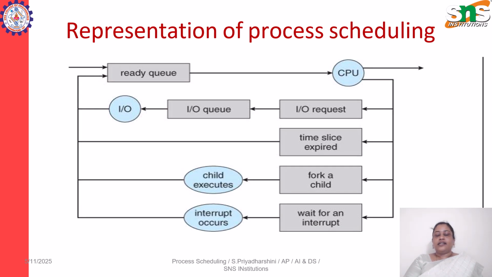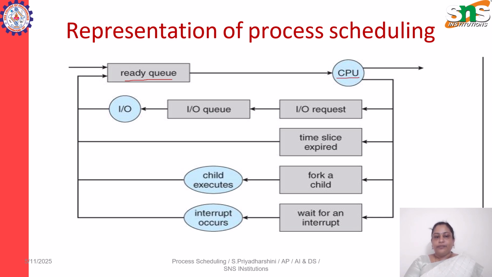This is the representation of the process scheduling queue diagram. As I told you before, the ready queue consists of the processes that are kept in main memory, which are ready and just waiting for the CPU to execute.